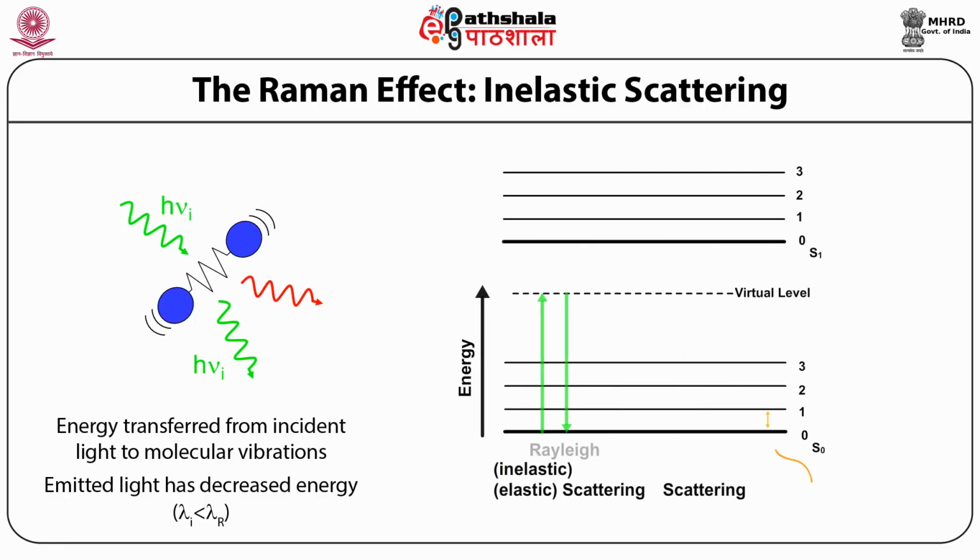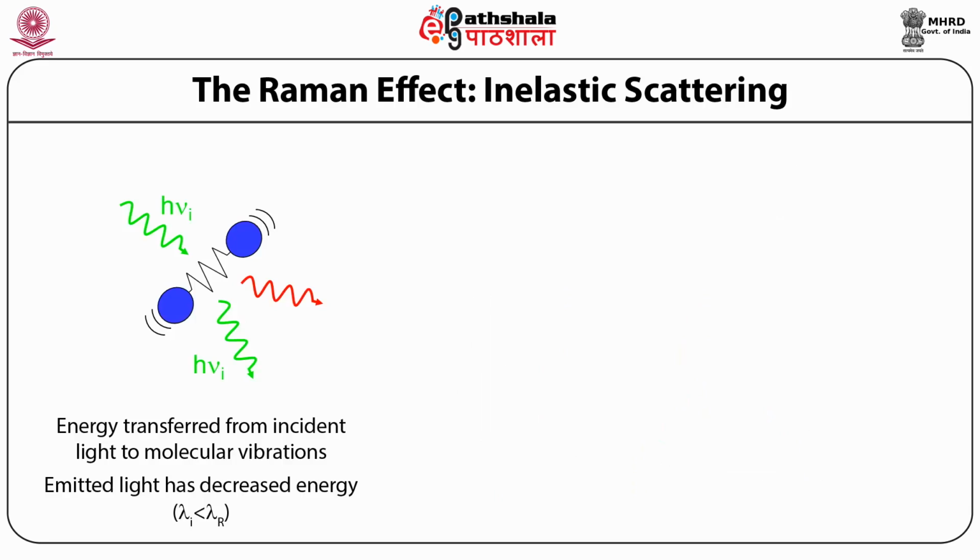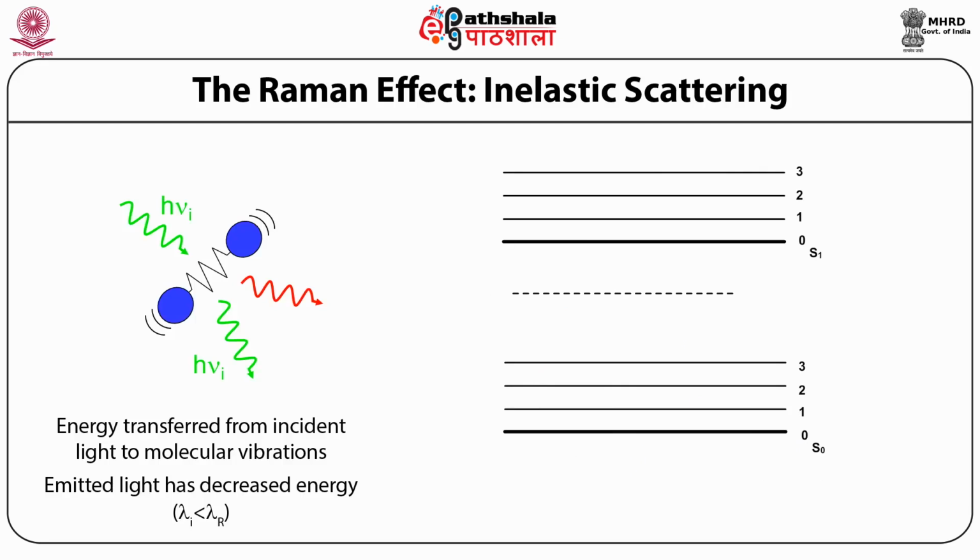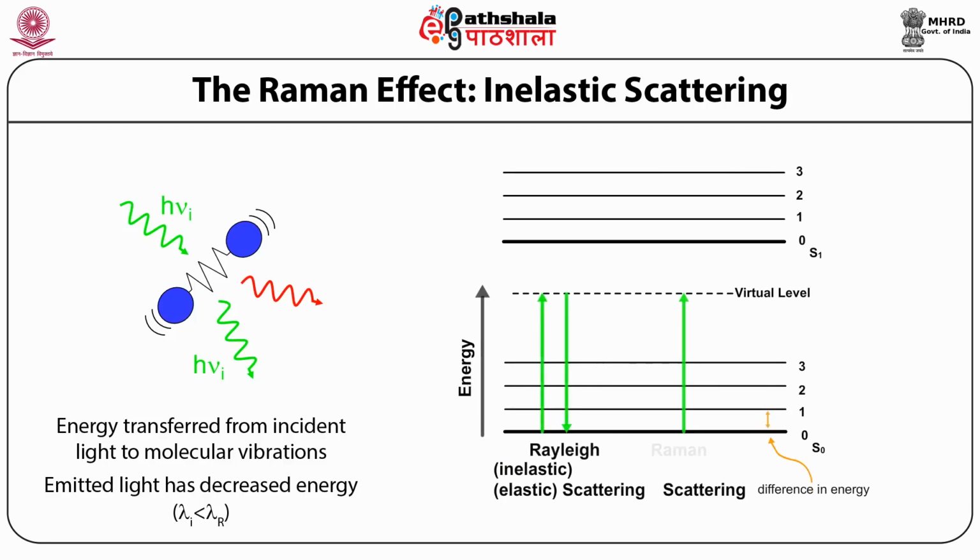However, a small fraction of light, nearly 1 in 10 to the power 7 photons, gets scattered at optical frequencies different from, and usually lower than, the frequency of the incident photons.